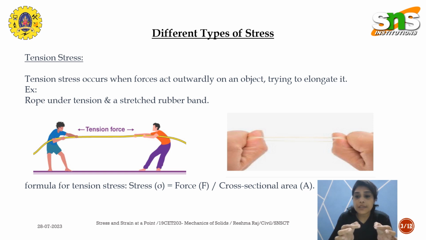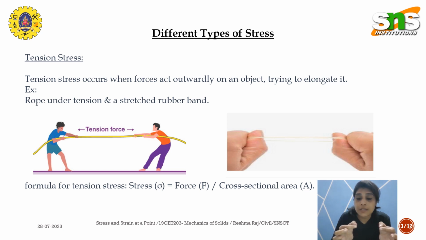If you keep a rubber band and we stretch it like this, what happens? Axially we are stretching it, so the length changes, and when we are not giving any force, it comes back to its original position.